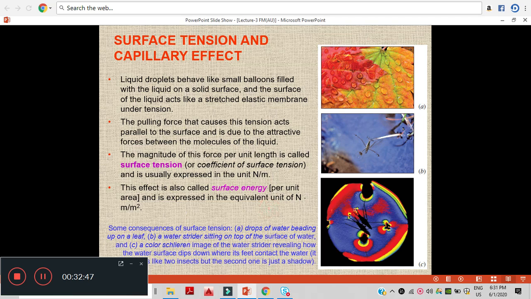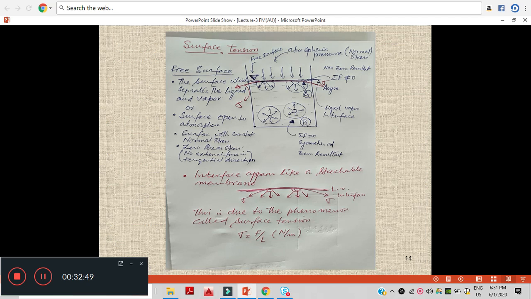Let's move on to the next slide, where we can see how the surface tension phenomenon occurs. Here you can see the water particles, and here is the surface.